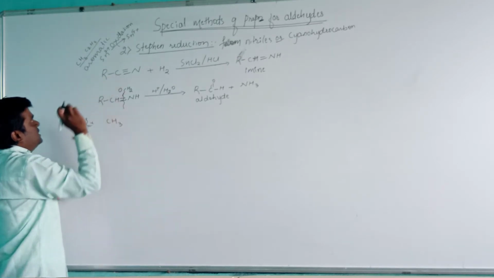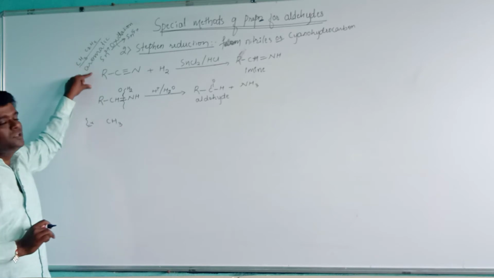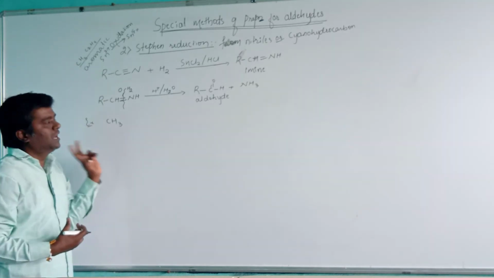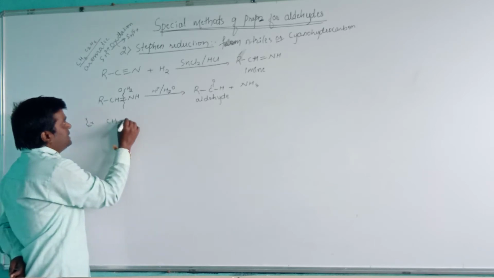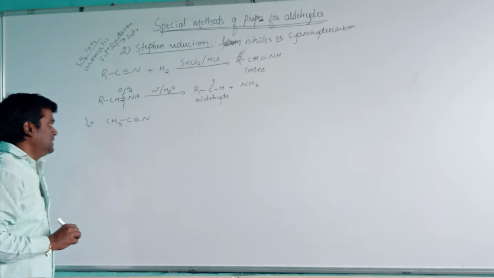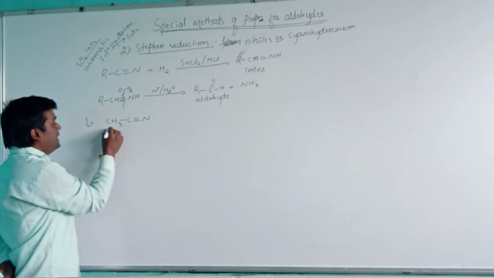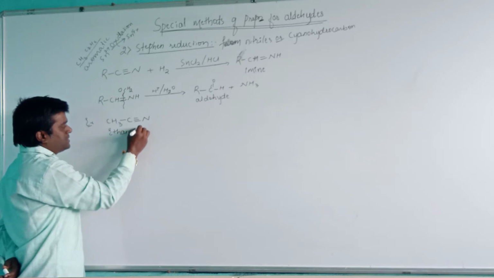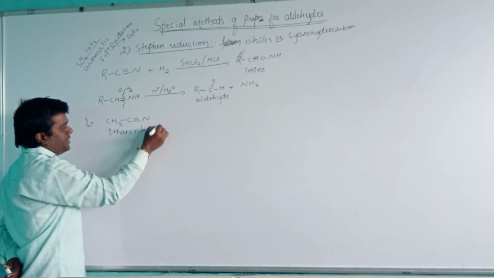In the R group we can take the alkyl group or we can take the aryl group. First we will take the alkyl group. CH3 C triple bond N, this compound is known as ethane nitrile. The IUPAC name is ethane nitrile.